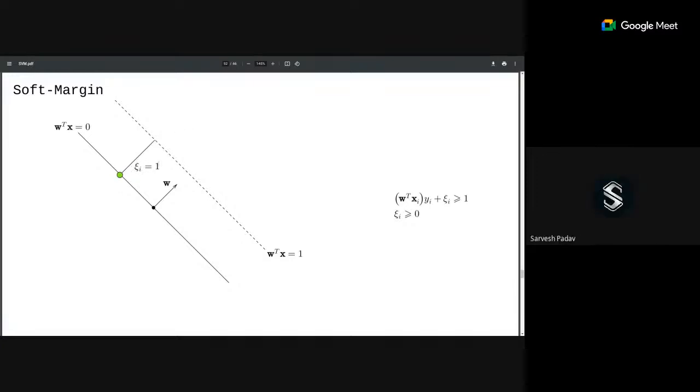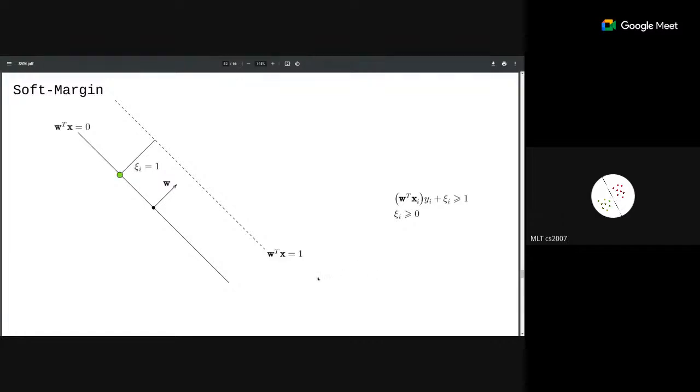Sir, here I have a doubt. This is only true when norm of W is 1, right? The distance between the decision boundary and the dotted line is 1. Correct. But the norm is not 1 here, so I'm loosely calling it a distance, right? Actually, it's scaled distance.